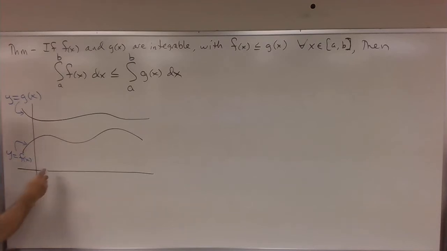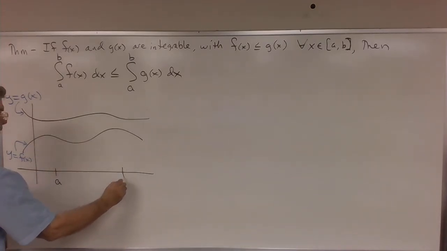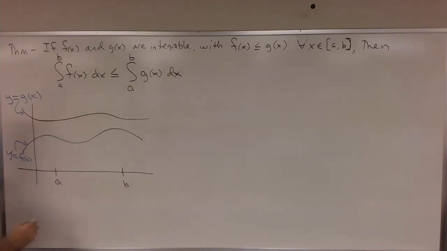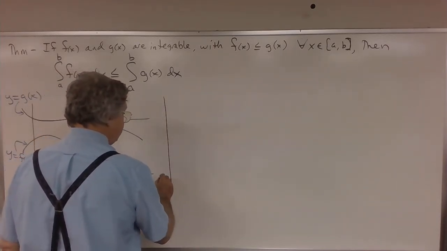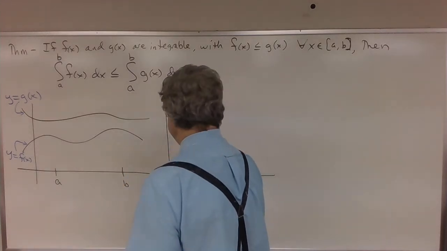And notice that since the graph of g of x lies above the graph of f of x, g of x must be greater than or equal to f of x. And now we'll just draw these things separately and see the common sense behind our theorem.